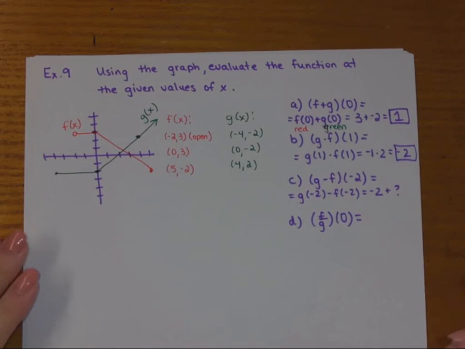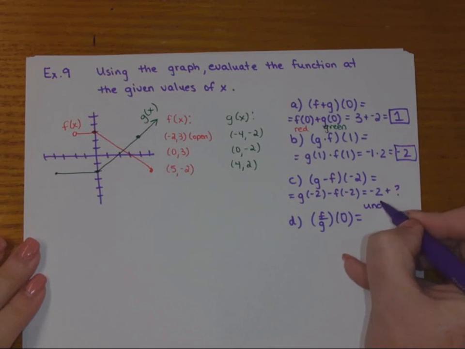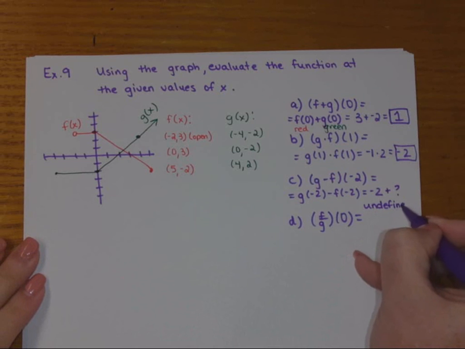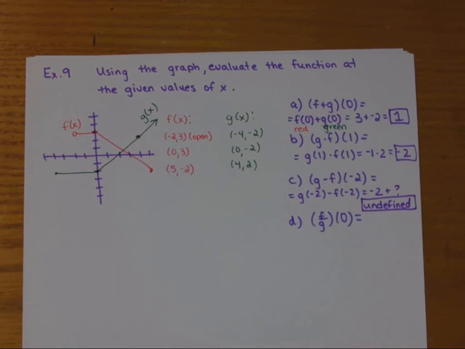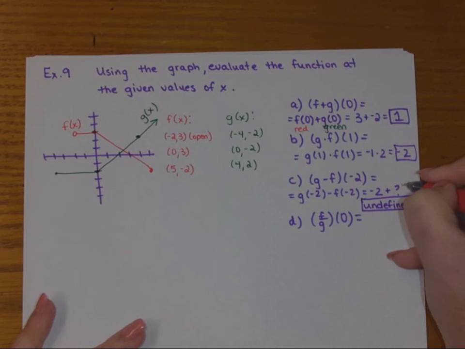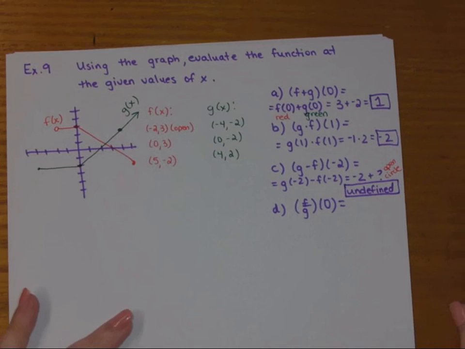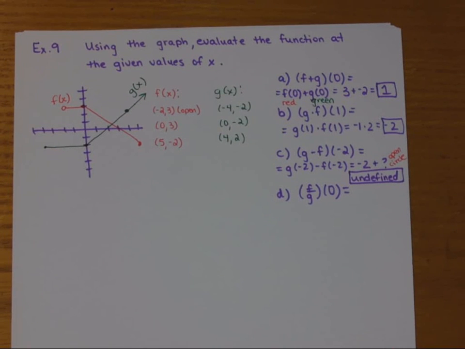In other words, this is not defined, so if any piece of our composition is undefined, then the answer is undefined. Okay, so if we want to, we can kind of label this. This had an open circle, right? And that is not defined. So that's why we got the answer of undefined. So on Connect, there'll be a multiple choice option for you to choose undefined.